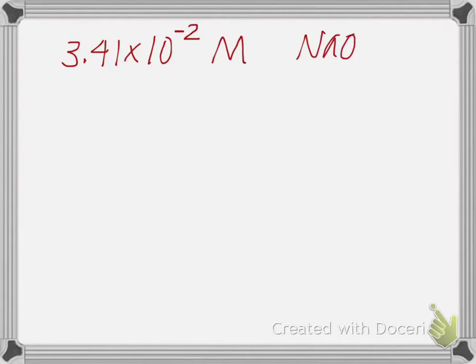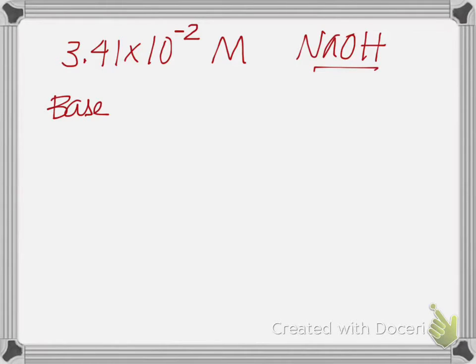Let's say I have a solution that is 3.41 times 10 to the negative 2 molar NaOH, which is what? An acid or a base? Base, because of that hydroxide.